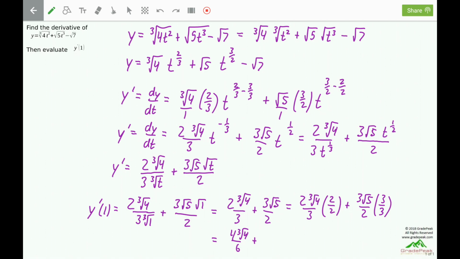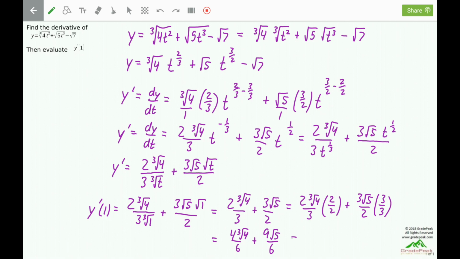For multiplying the denominators, 3 times 2, plus multiplying the numerators, 3 root 5 times 3 is 9 root 5, and then over 6 by multiplying the denominators, 2 times 3.